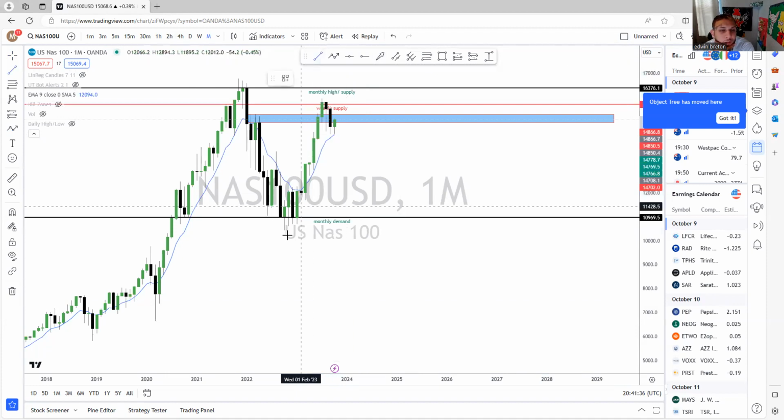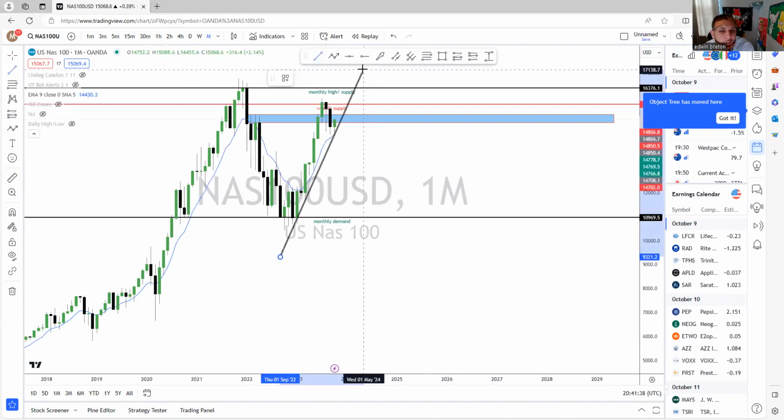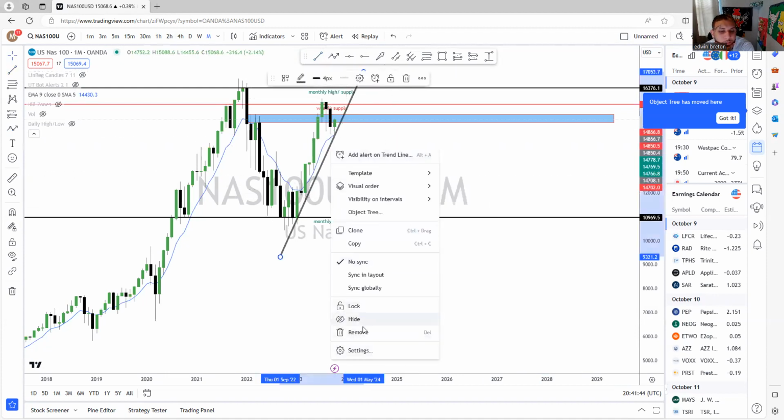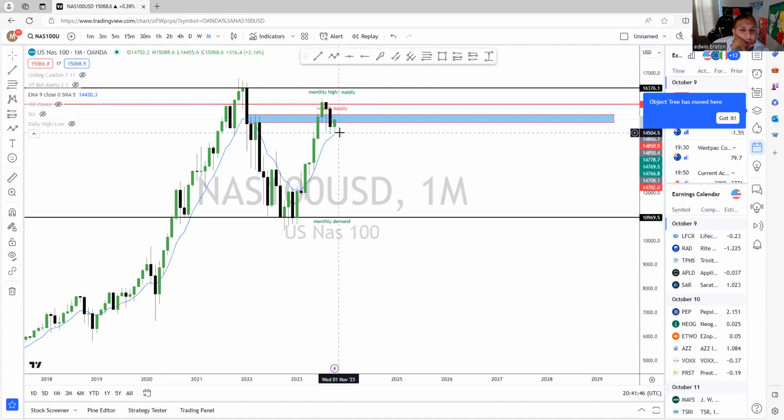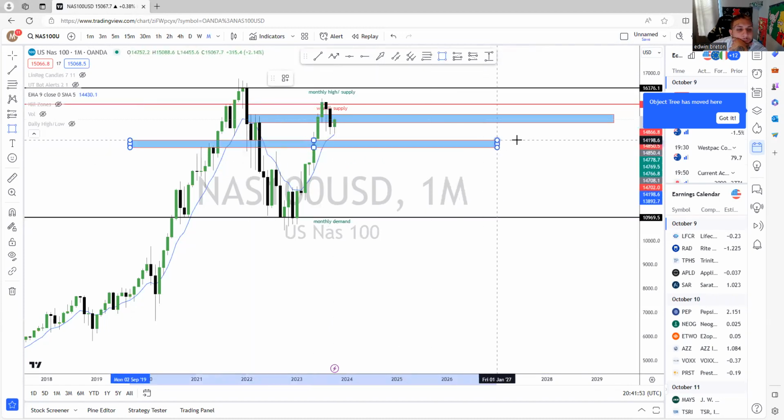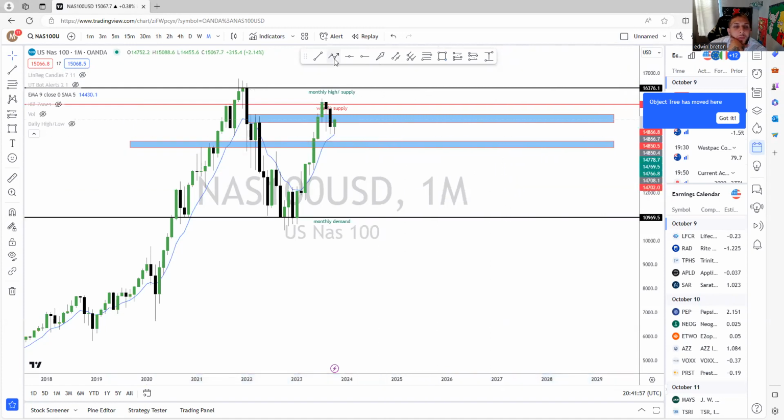You see, we do have a trend line as well on the monthly. Let me grab like this level here too. Section off the zone.